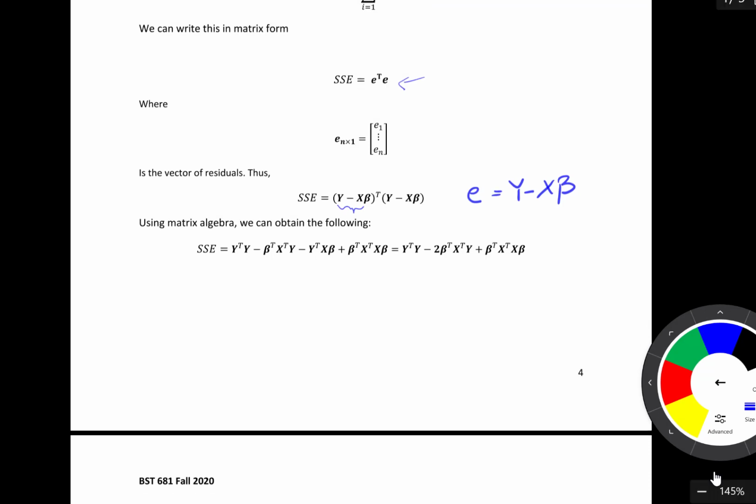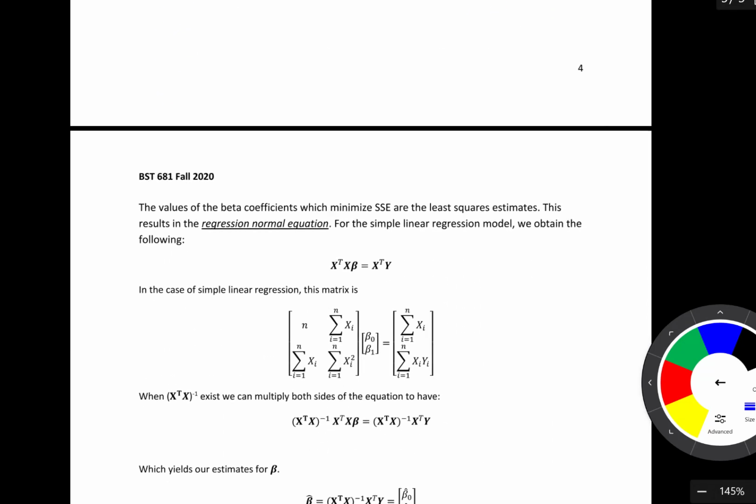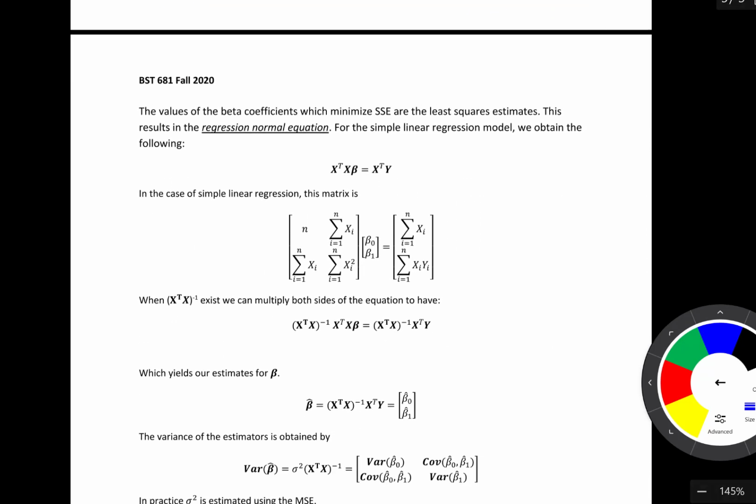Then you could use matrix algebra to show the following. Essentially, we're doing this multiplication, which can be a little bit trickier than regular multiplication, so I'm just giving you what that's equal to. It ends up that the value of the beta coefficients which minimize SSE are the least squares estimates, and this results in the regression normal equations. This is what's called the normal equation, and it's going to help us get our estimates.